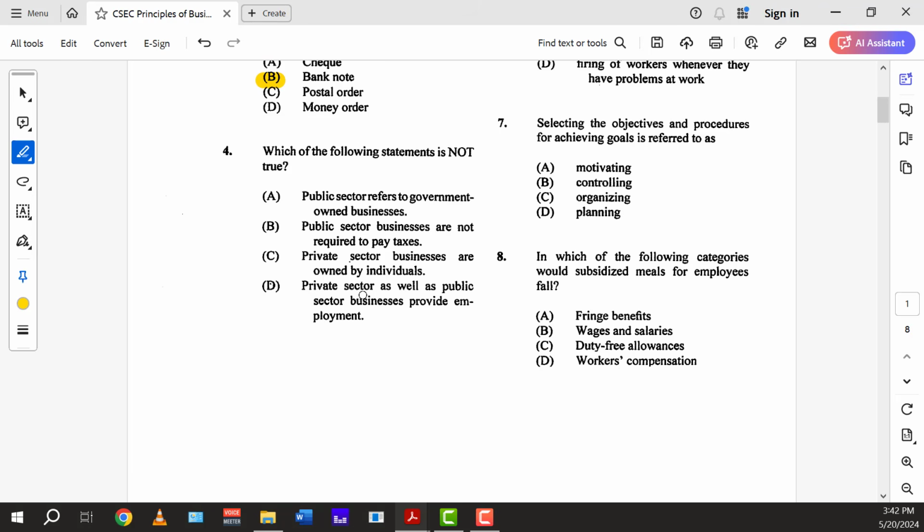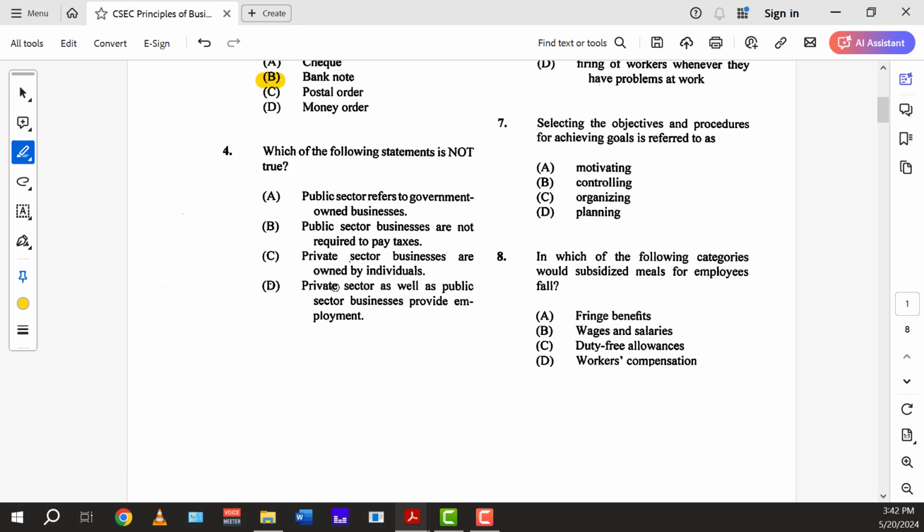Number 4, which of the following statements is not true? Not true. So we have: public sector refers to government-owned businesses; public sector businesses are not required to pay tax; private sector businesses are owned by individuals; and private sector as well as public sector businesses provide employment.